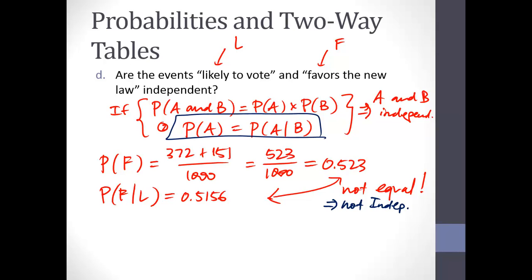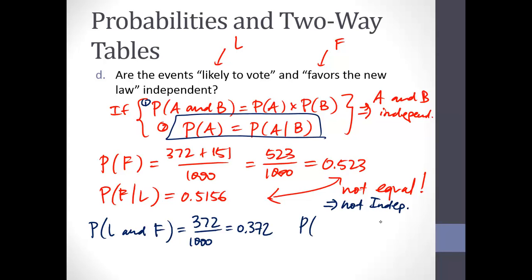And again, this is not the only way to answer this question. We could also use our first identity up there, and we know that the probability of L and F is equal to our 372 out of 1,000, or 0.372.